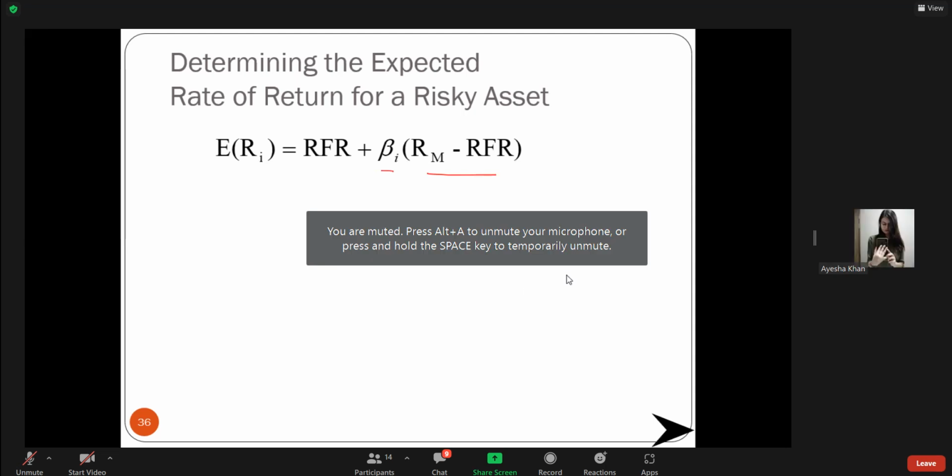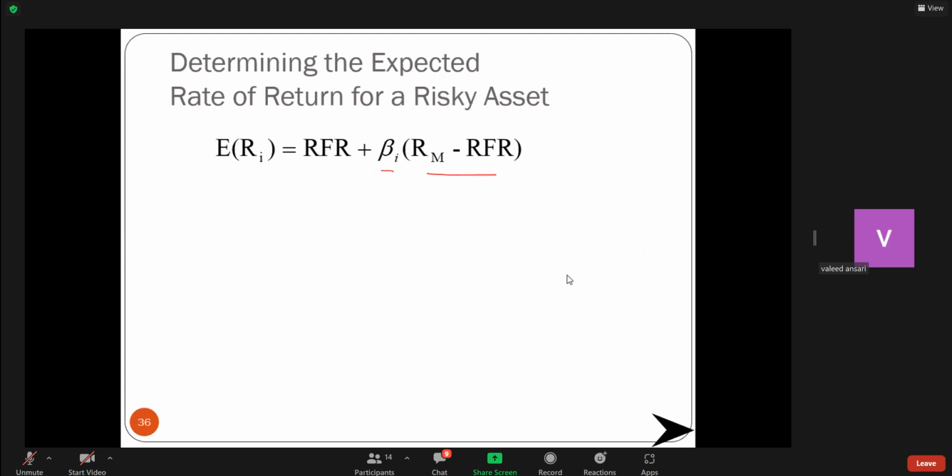Jasmine Malhotra, are you there? Yes, sir, I'm here. And Muskan Agarwal? Yes, sir. Nahid? Shiraz Ahmed? Shiraz, are you there? Yes, sir.